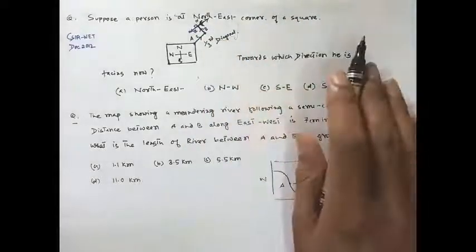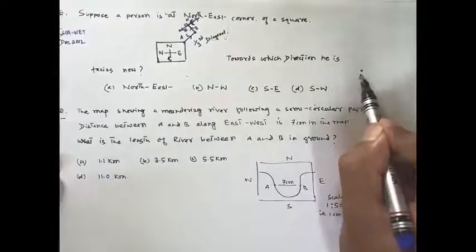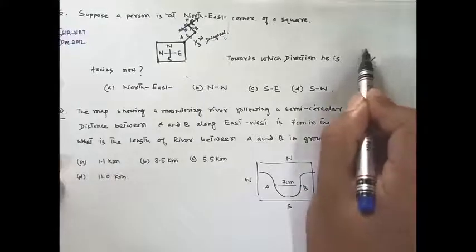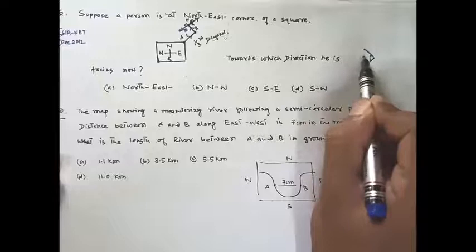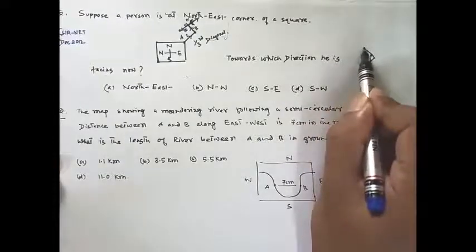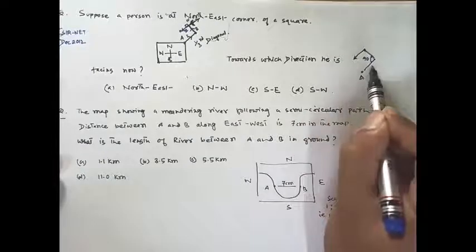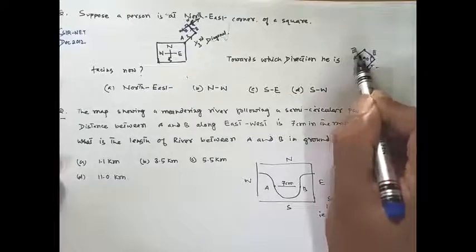I am drawing this figure here for clarification. Suppose from point A he goes 1/3 of the diagonal, then he takes a left turn of 90 degrees. Then from this point he again turns anti-clockwise 90 degrees, in this direction. This is the first route, second route, and this is the third route.